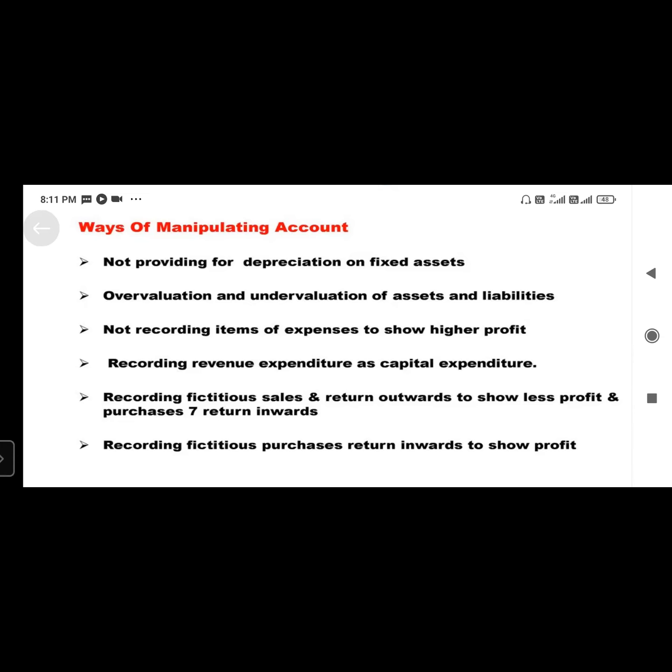Now here, many times what happens is, when the company wants to show more profit, and why the company wants to show more profit, that also we had discussed yesterday with the example of Satyam Computer System, why Satyam Computer System manipulated the balance sheets or financial statements of the company.